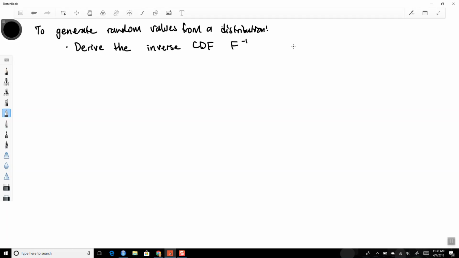Okay, right now we're kind of cheating by using Q norm. The truth is that the inverse CDF for the normal distribution is very complex, and it's hard. But right now we're kind of cheating.